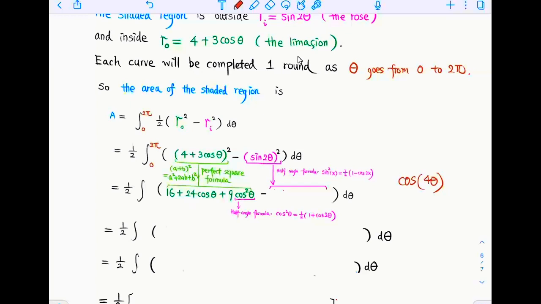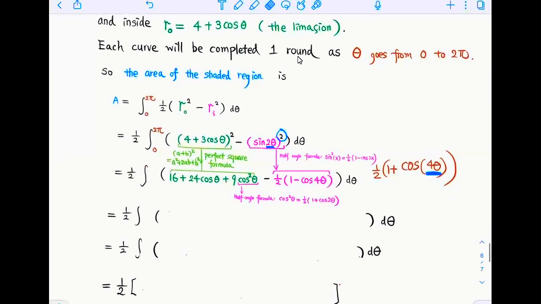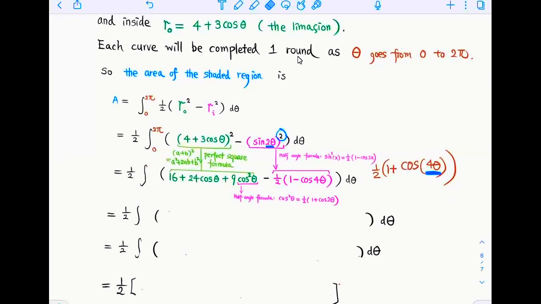Okay. But then the double angle formula says this is 1/2 of 1 plus this. Notice that this one over here is double this angle. So when you reduce this exponent here, you actually double this angle here. Oh, hold on. It's not plus. This is not cosine. It is minus, 1 minus cosine.